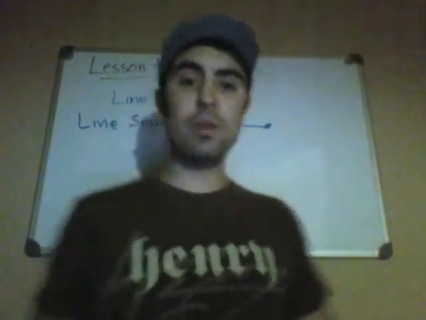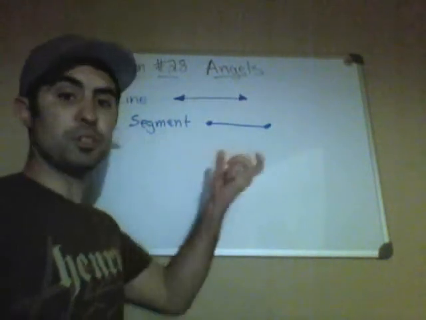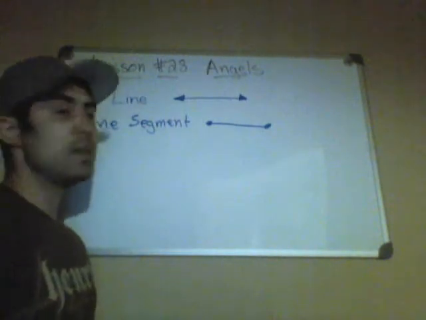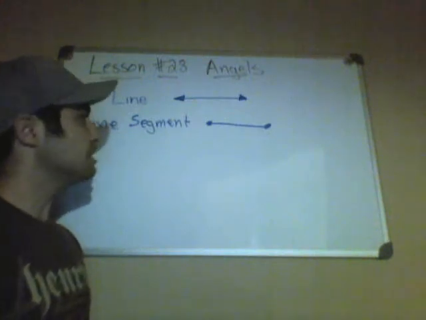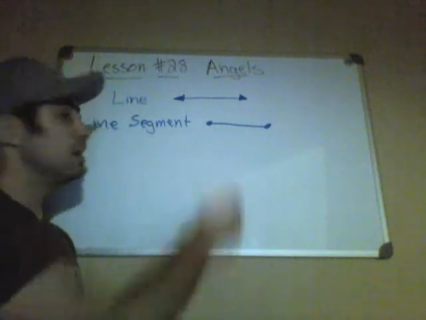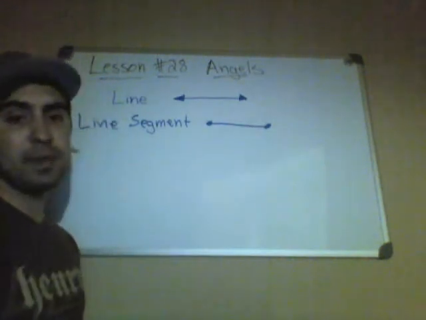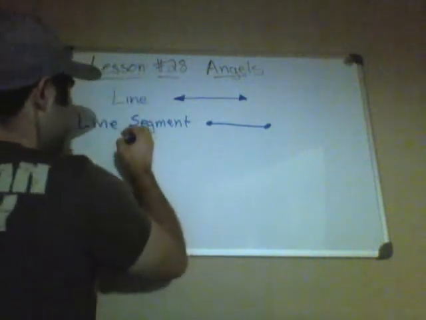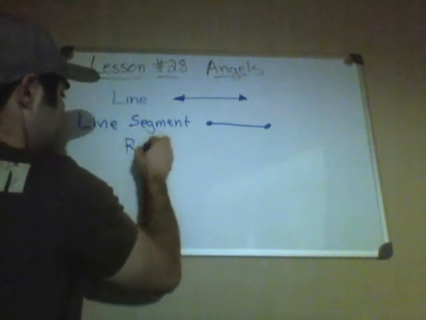Alright, so in math, if we want just a portion of a line, it's called a line segment. And the way that mathematicians notate that is they put a dot at the end of their line segment. Okay? Then one more point, there is something called a ray.